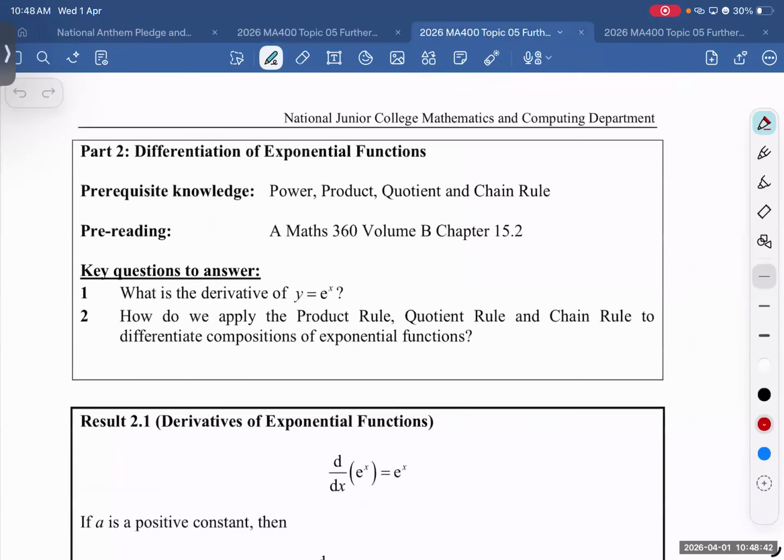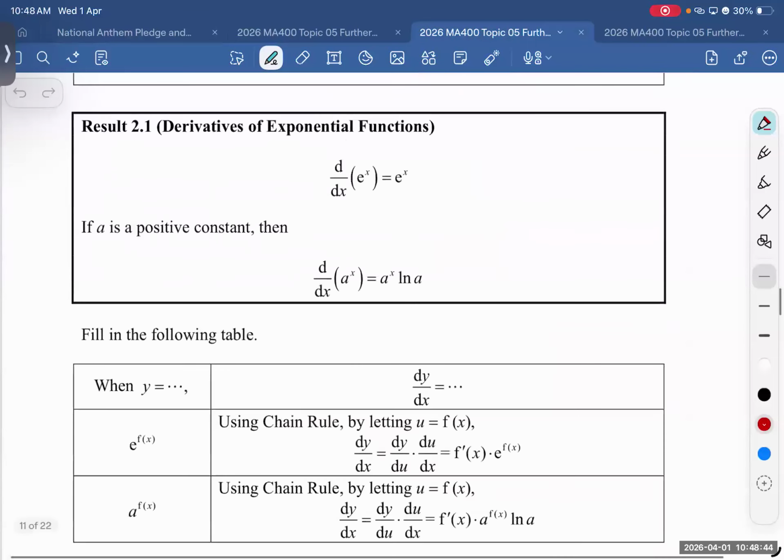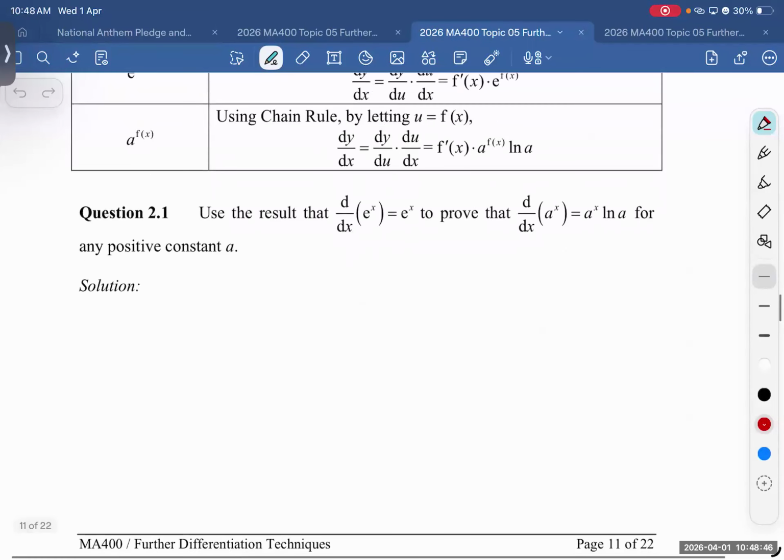So if you are confused, try something like this. You know that, write a as e to the power of log a.